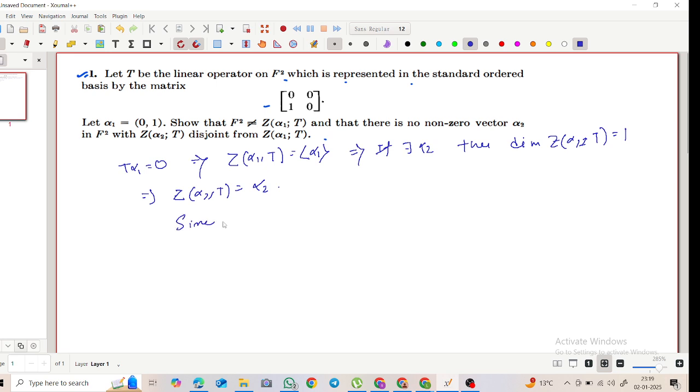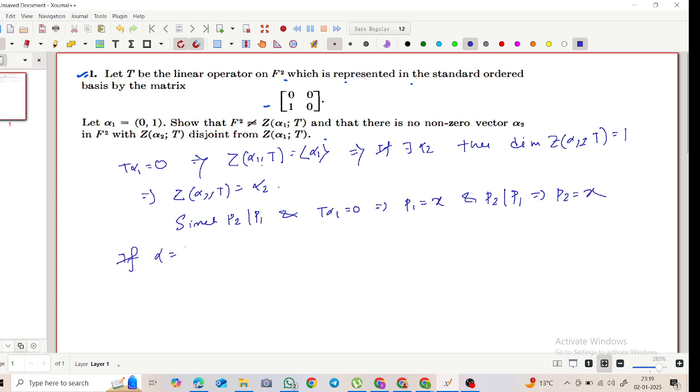Since p2 divides p1, and t alpha 1 is 0, this implies p1 is x, and p2 divides p1 implies p2 is x.